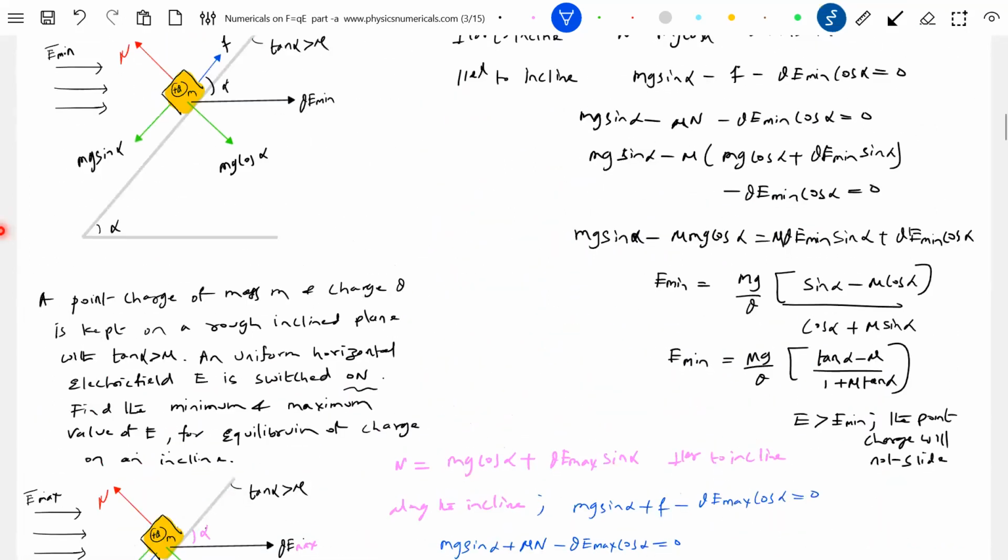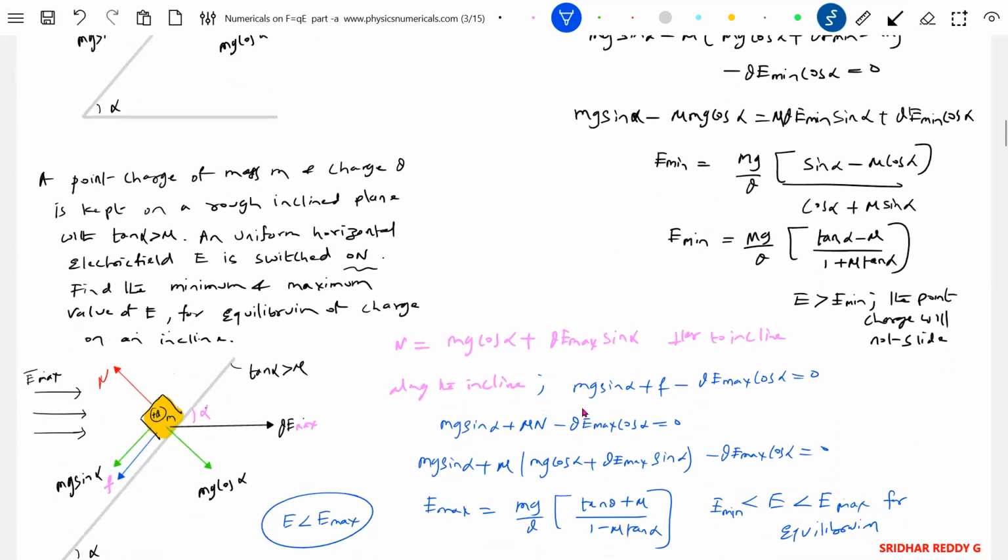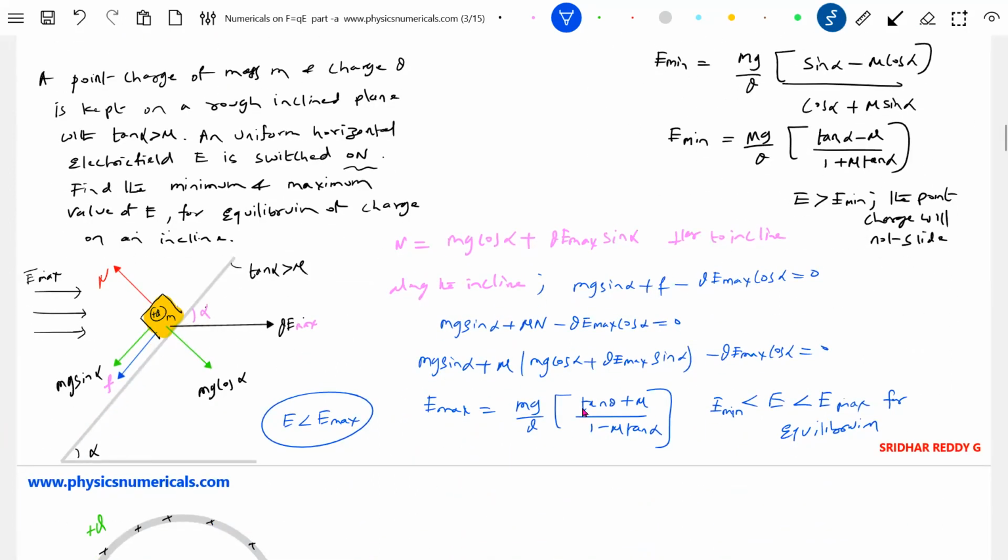Then here E should be greater than E minimum. So what is the range for the electrostatic field for equilibrium? As long as the applied horizontal electrostatic field lies between E minimum and E max, the point charge will be in equilibrium on the inclined plane. There is one value of electrostatic field at which friction will be 0 also.